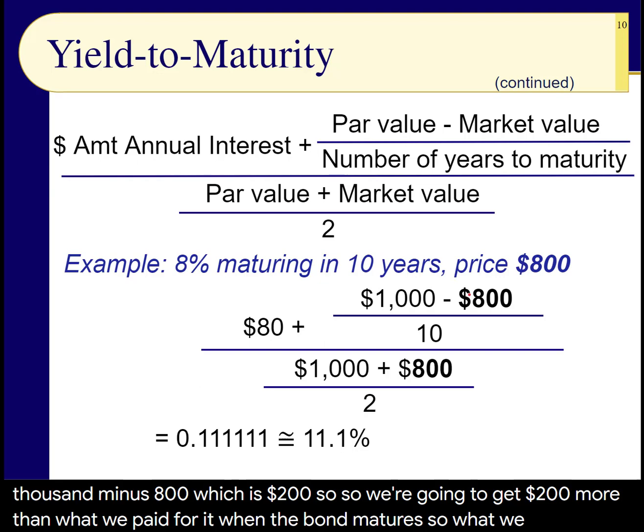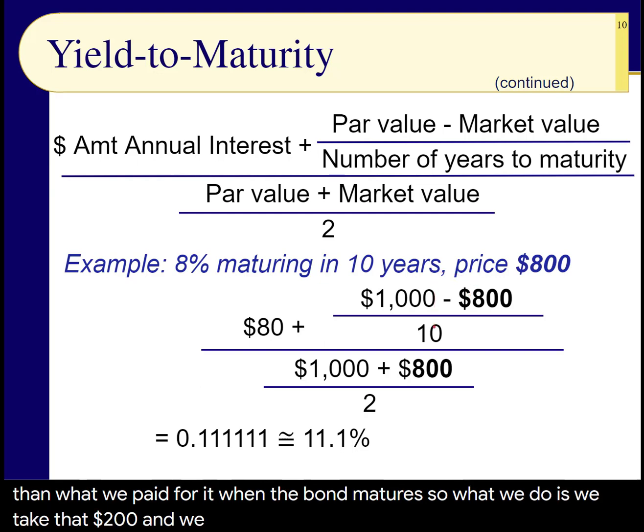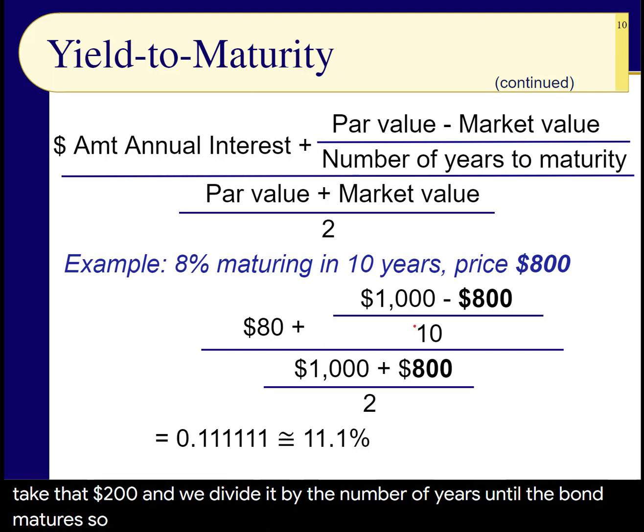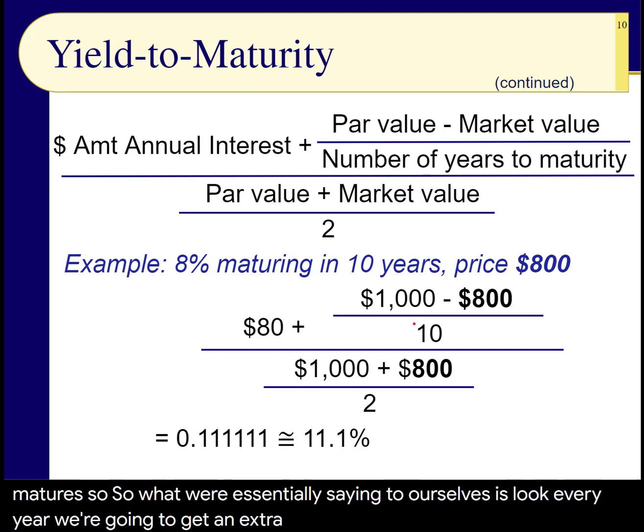So what we do is we take that $200 and we divide it by the number of years until the bond matures. So 200 divided by 10 is 20. So what we're essentially saying to ourselves is, look, every year we're going to get an extra $20. Now, we don't get it in cash.